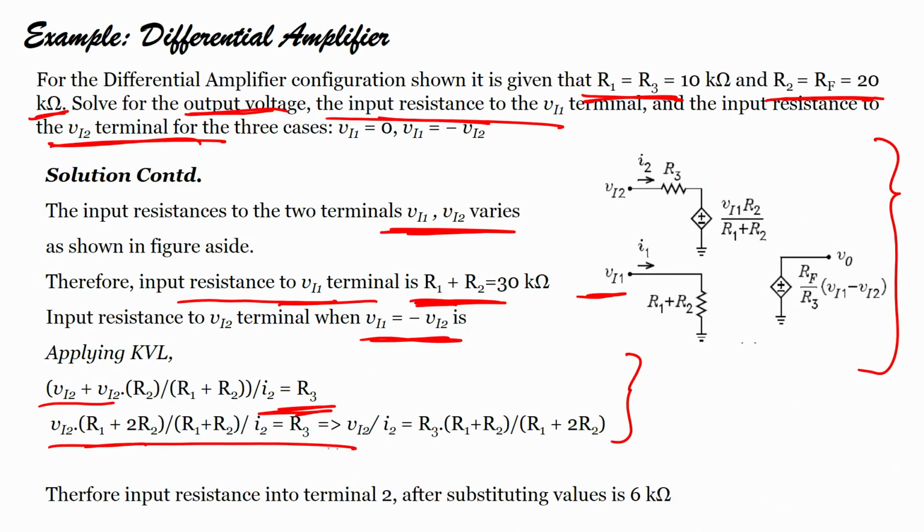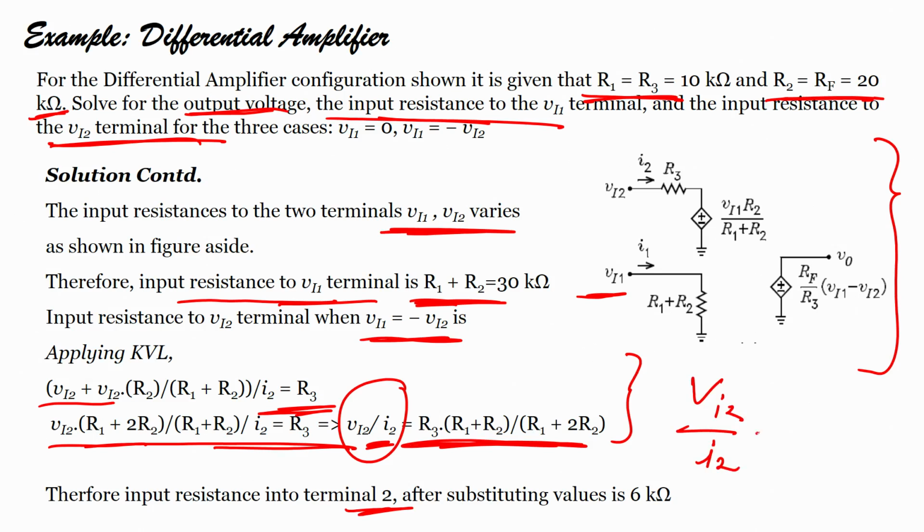When you solve it further, VI2 by I2 equals this particular value. VI2 by I2 is nothing but the input resistance to terminal 2. If we substitute the values, what will I have? I have a value of 6 kilo ohm, right.